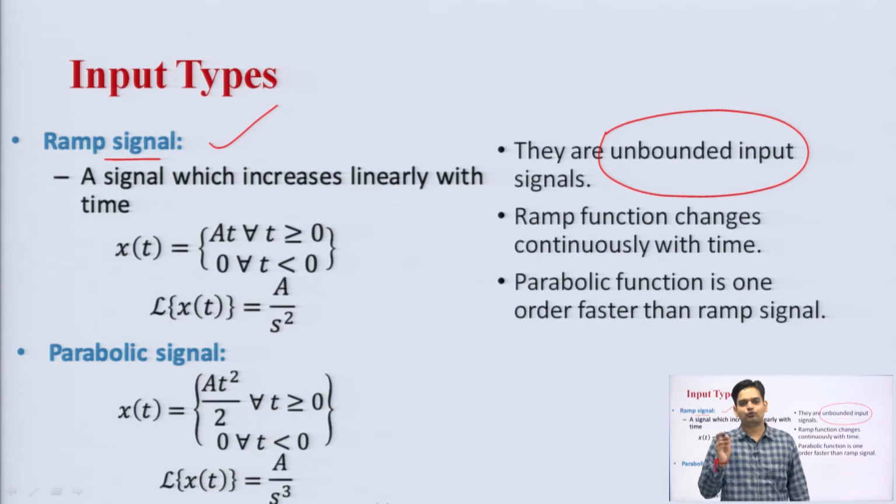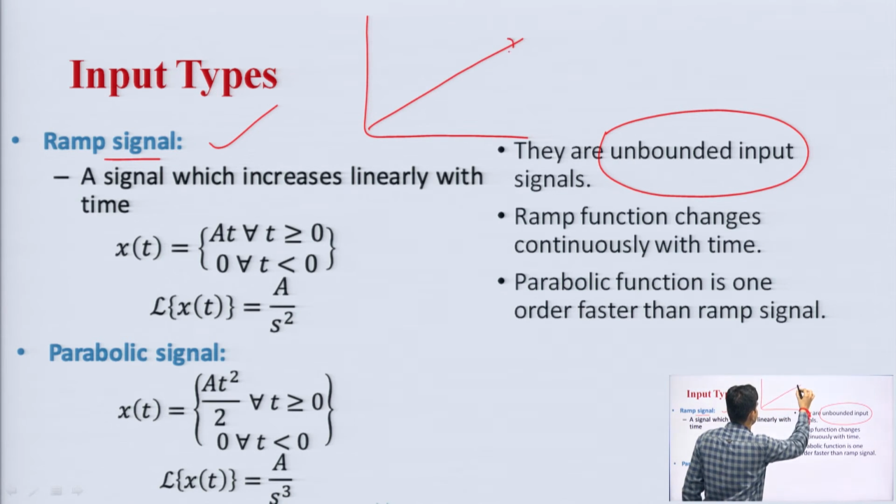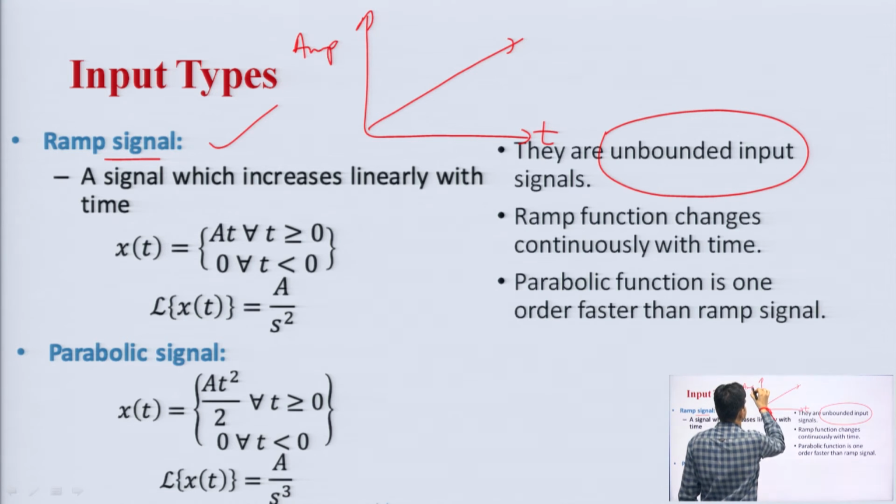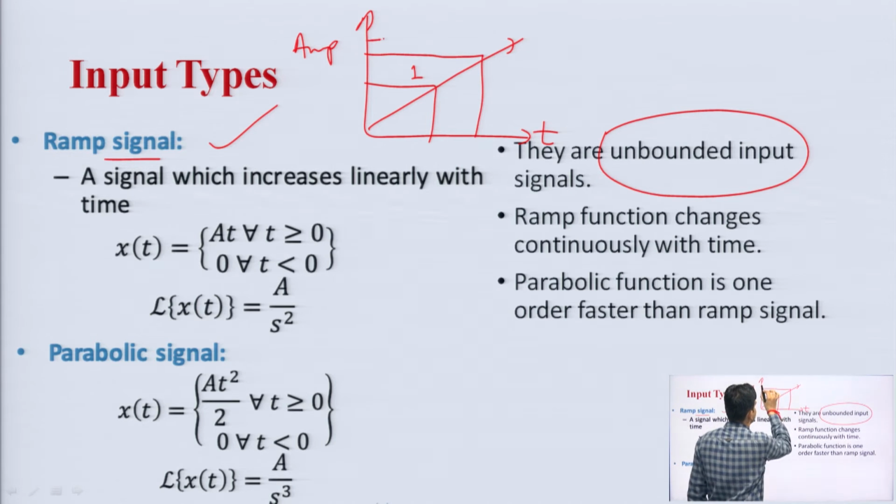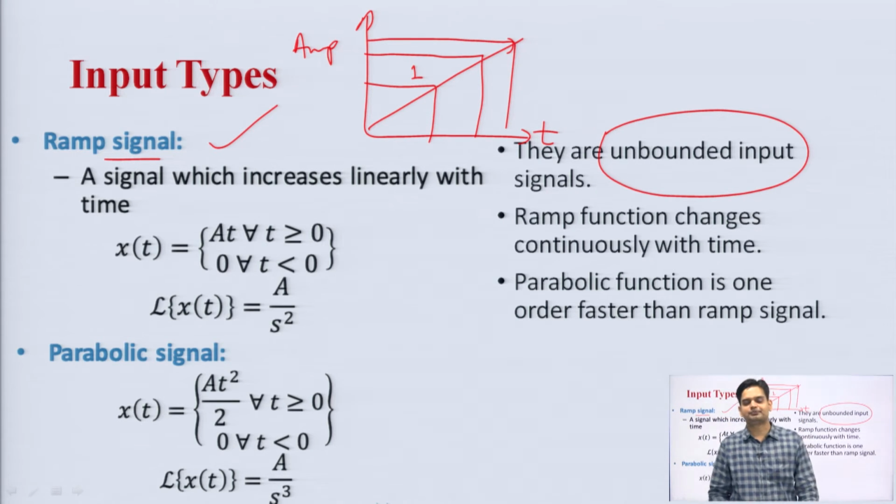This is a slow growing input. If I apply a ramp signal and observe with respect to time, I will get a ramp signal like this, where my slope is unity. It will keep rising with unity slope. This is my ramp signal.